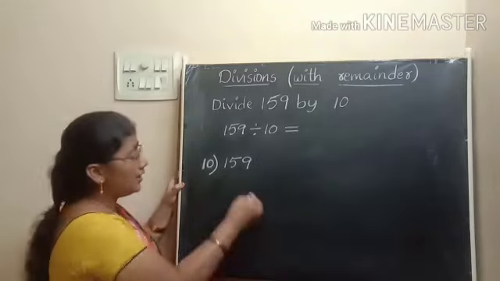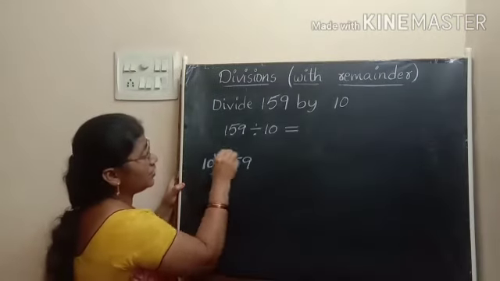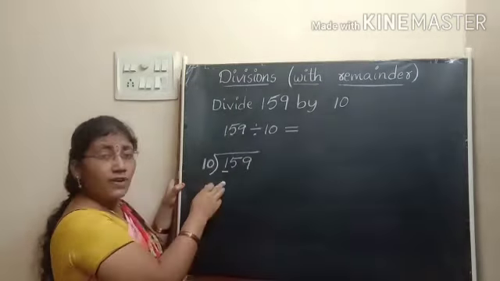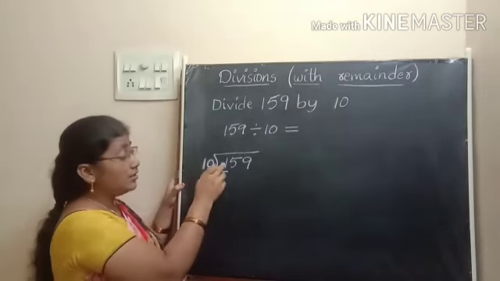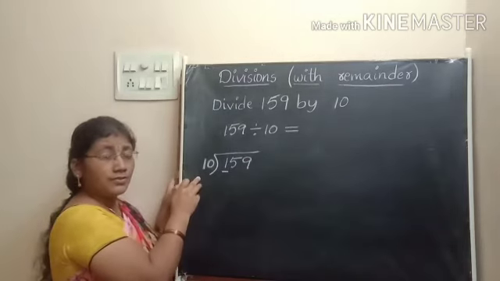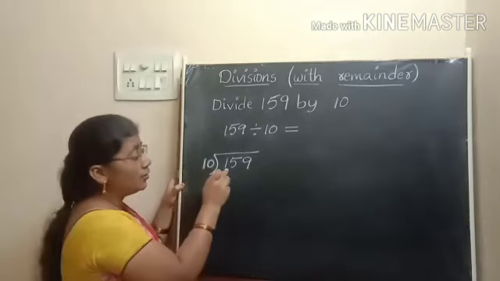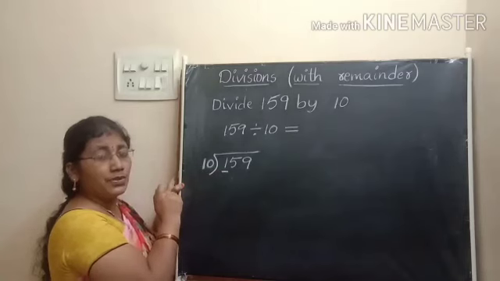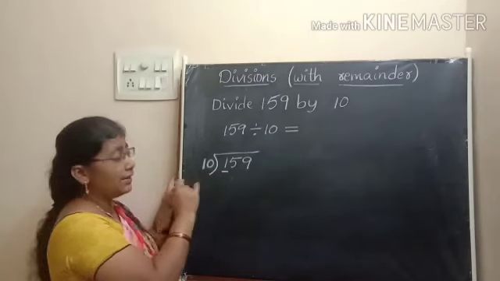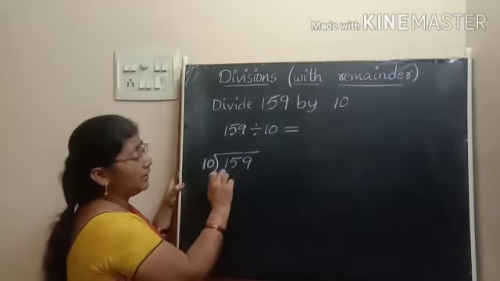First we should take the first digit of the dividend, that is 1. But this is less than the divisor. So we should take 2 digits at a time, that is 15.